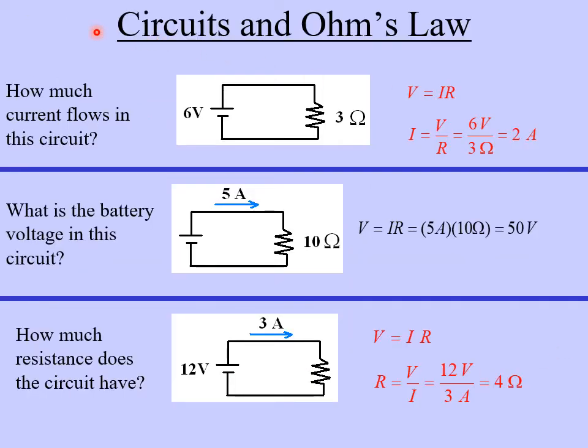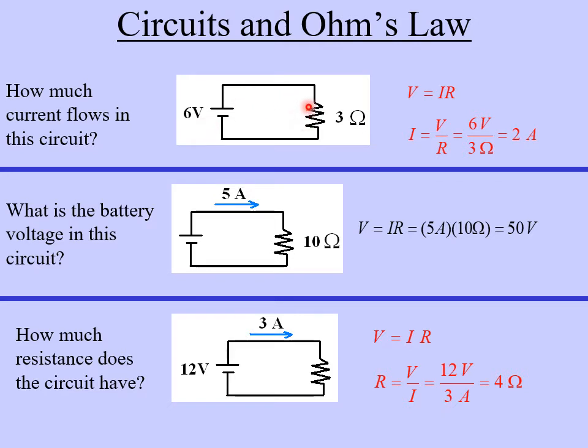Let's go ahead and look at some examples using basic circuits and Ohm's law. So the question here is how much current flows in this circuit? So here's a circuit diagram. We learned how to read this in the last part of this lecture. This is the circuit diagram for a battery. And we're told here that the battery is a 6-volt battery.